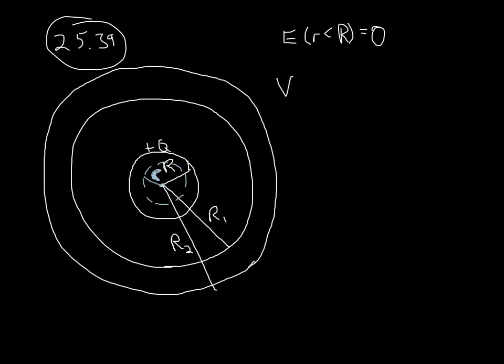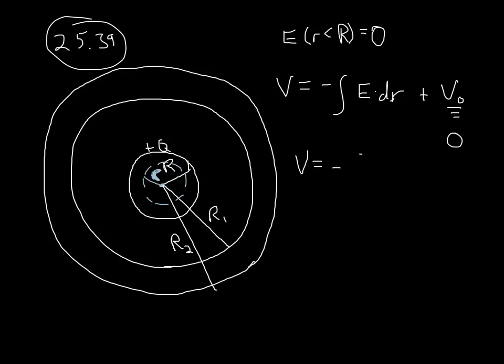We can find our potential V is equal to the negative integral of E dot dl, or E dot dr, plus V naught. My V naught, my reference potential, was at infinity, so this is 0, and I need to bring my integrals all the way in from infinity.